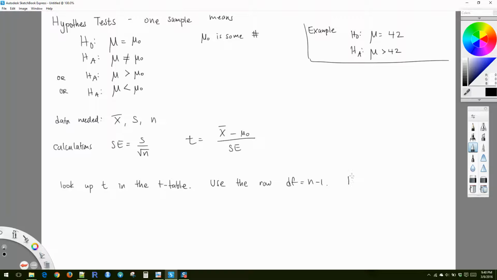If that row doesn't exist, always round down. What if the row does exist? Then use that row. If the row does exist, great, use that row. If it does not exist, then round down.